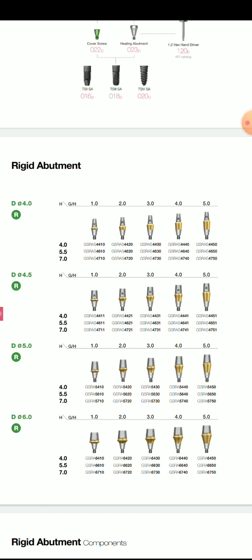Also, you need to look into the height of the abutment, that is the part visible in the oral cavity. These two important parameters you need to look after while choosing the exact dimension of the rigid abutment.